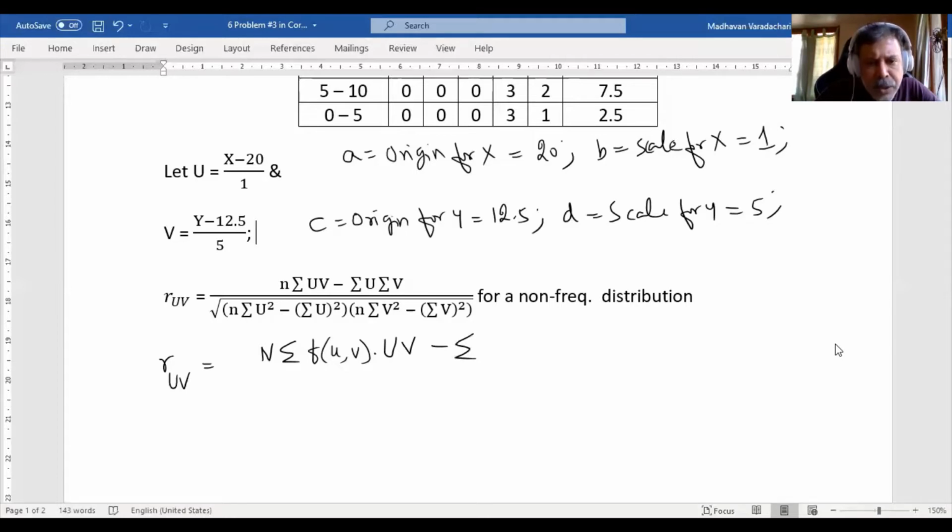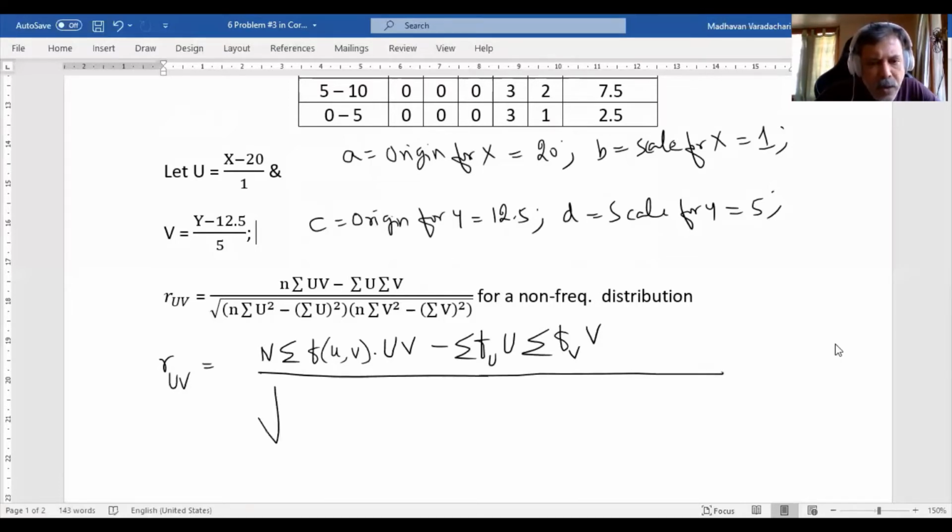Summation. Since it is u only, I will write f suffix u into u. Then summation. Since here it is v only, I will have frequency of v multiplied by v. The whole thing divided by square root of, instead of small n, it will be capital N, summation.